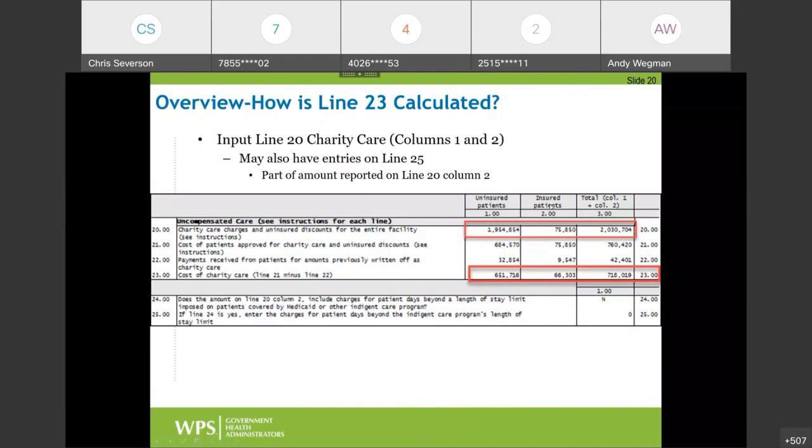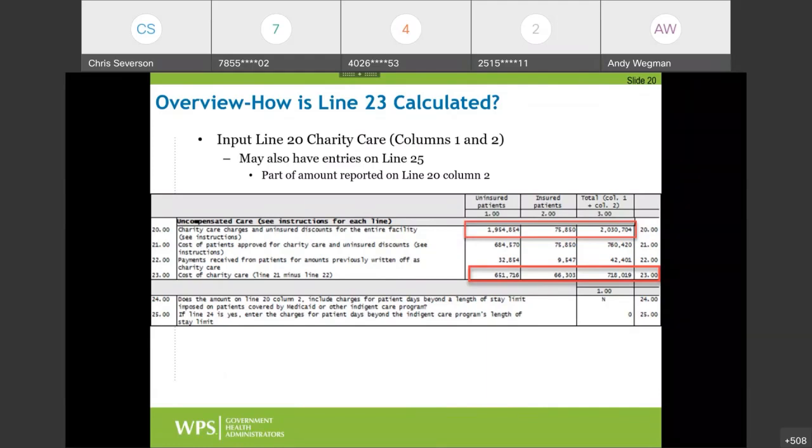Column 2, for the most part, is an insured patient, so it's a co-insurance, deductible, or co-pay. So for the most part, it's not going to be reduced by a cost-to-charge ratio.